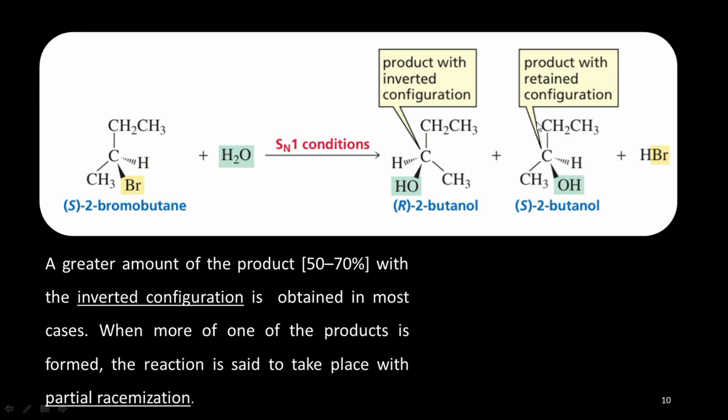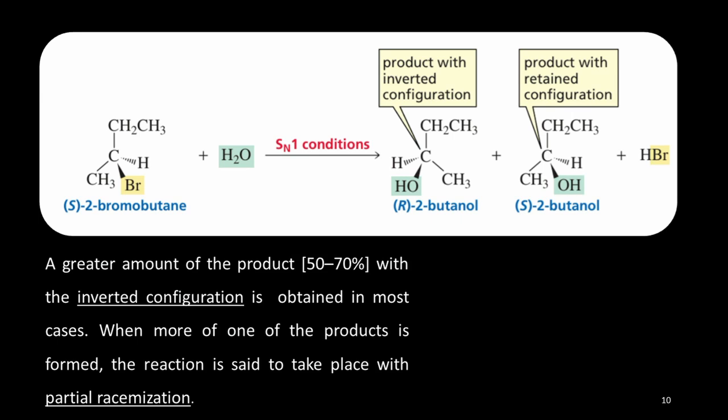But when we observe it, almost 50 to 70% is inversion of configuration and the rest is retention. So it is not pure racemization. Complete racemization is not taking place, only partial racemization. So what is the reason behind the partial racemization?